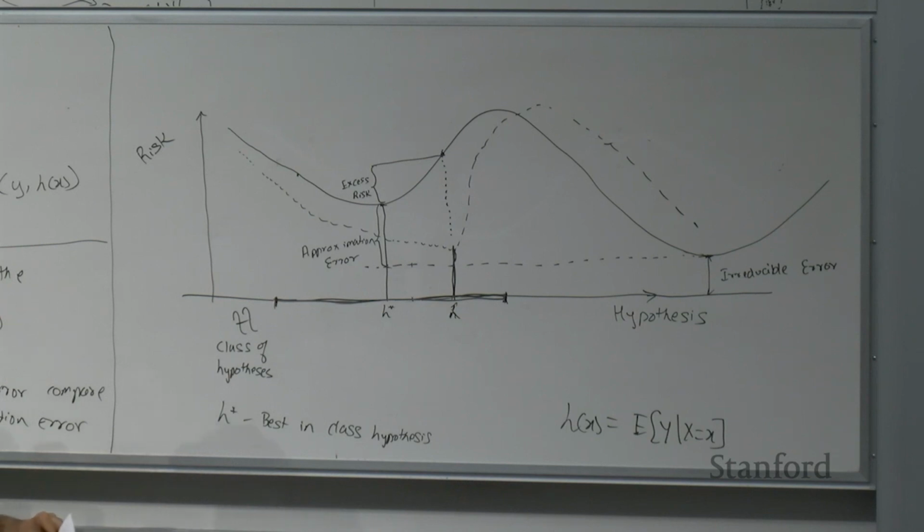So what we want now ideally is to minimize this excess risk, or at least get a bound on excess risk. The way we go about doing that is we're going to break it down into two sub-steps.